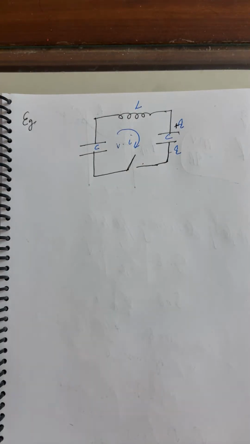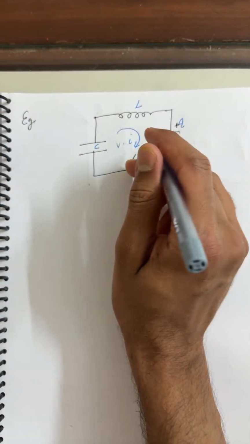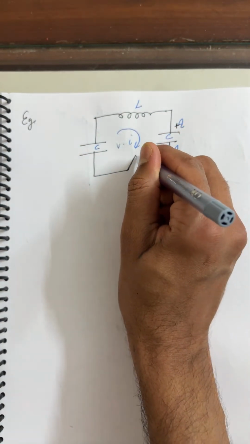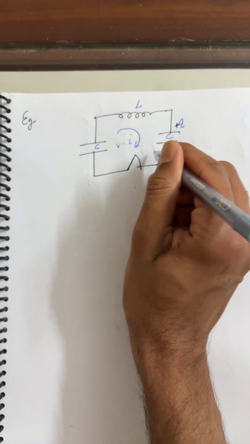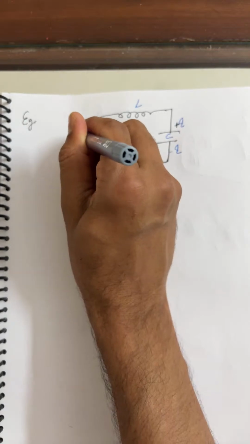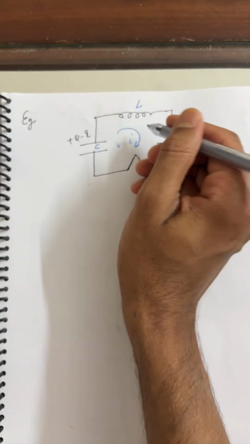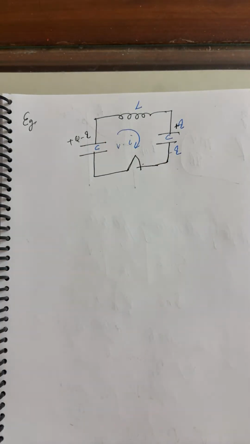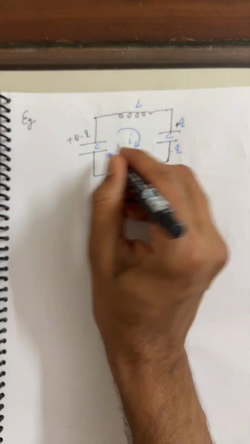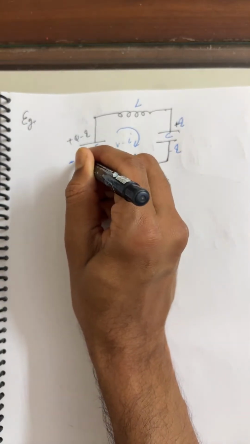Because this is connected, we have to just think about charge transfer to each other after closing the switch. So this is plus Q and this is minus q.